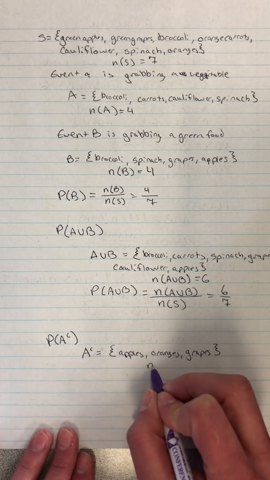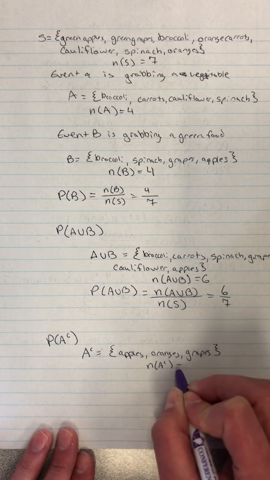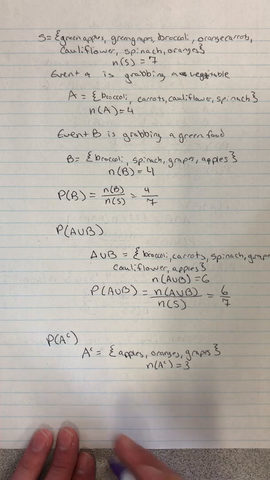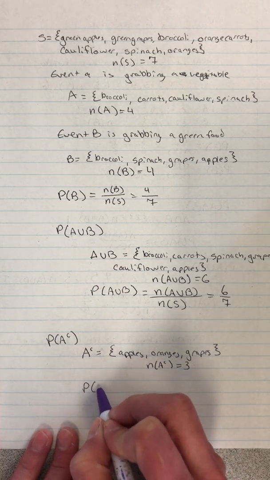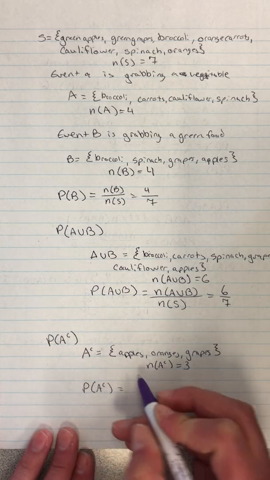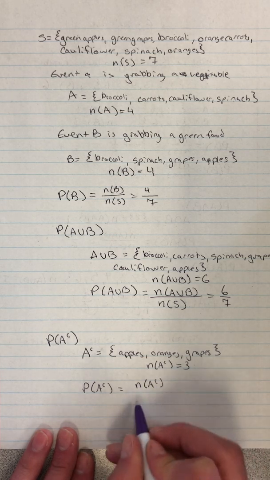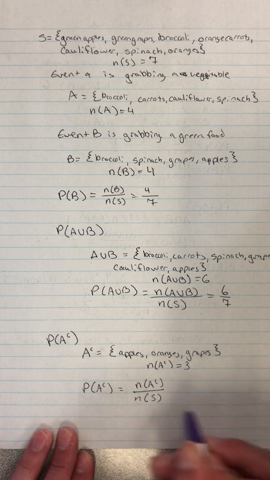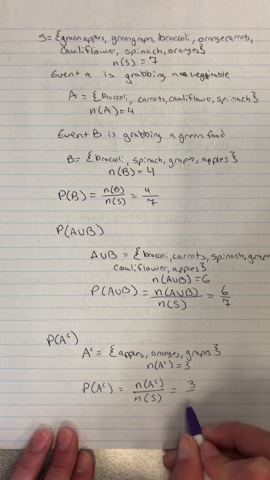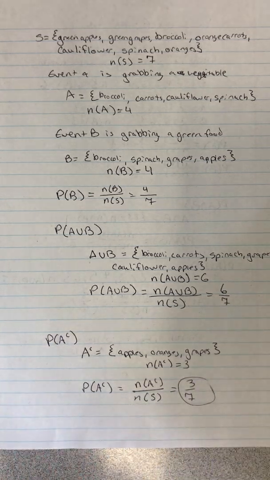For this one, the complement of A has 3 outcomes. So the probability for the complement of A is the number of outcomes for the complement over the number of total outcomes, or 3 over 7.